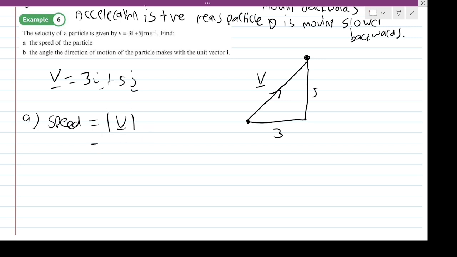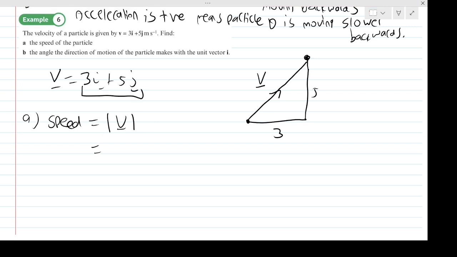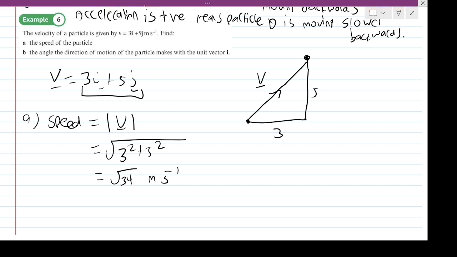The magnitude is going to be Pythagoras, the root of the two parts squared. So root of 3 squared plus 5 squared, and so that would be root 34. The units are again meters per second. As a recap, the speed is just the length, the magnitude of the velocity vector.